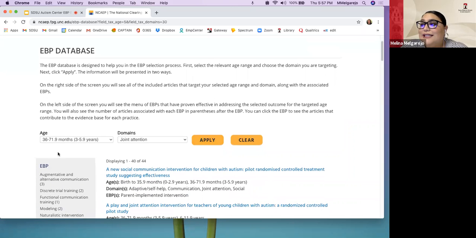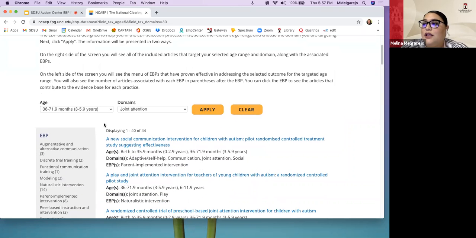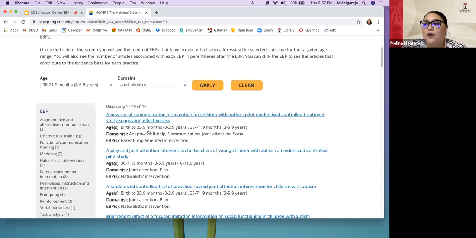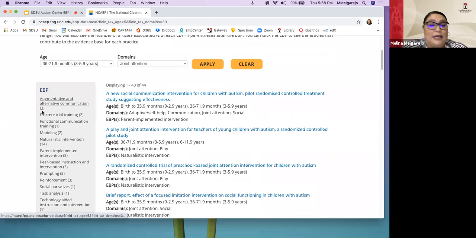And so what this tells you is all of the studies that were included in the review that look at joint attention for this age range. So there were 44 articles, and they're all listed here for you to read more about them if you would like to. And then here on the left, it'll tell you all of the EBPs that can be used for joint attention for the 3 to 6 age range.